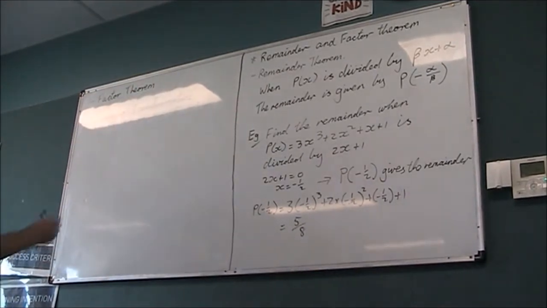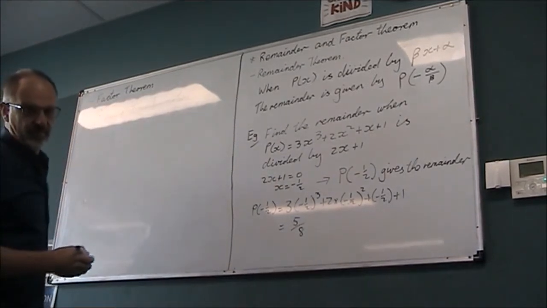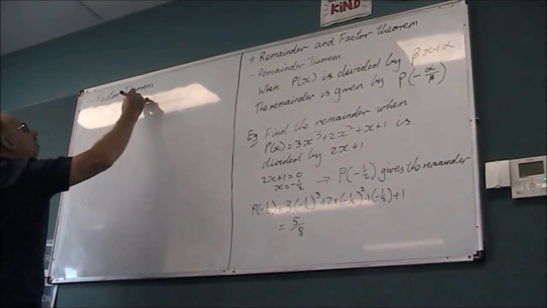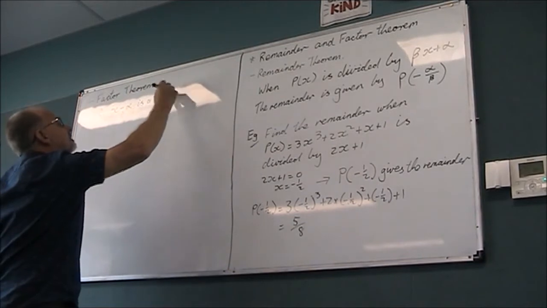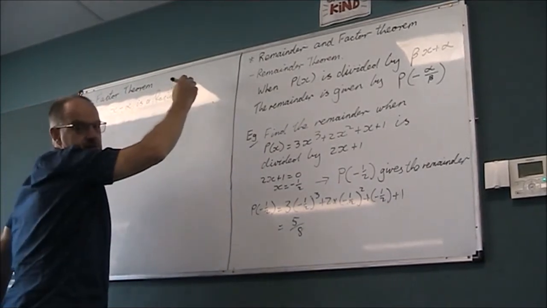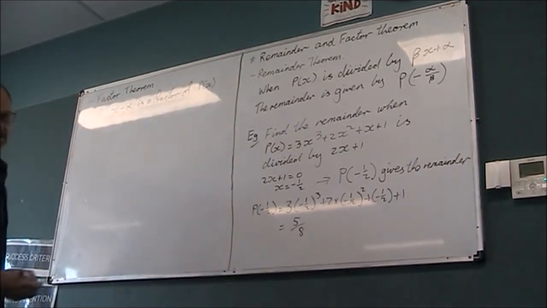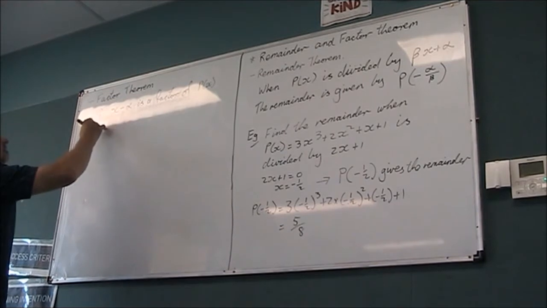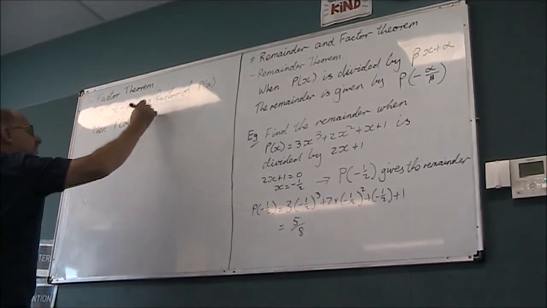So the factor theorem says if x minus alpha is a factor of p of x, then p of alpha is equal to 0.